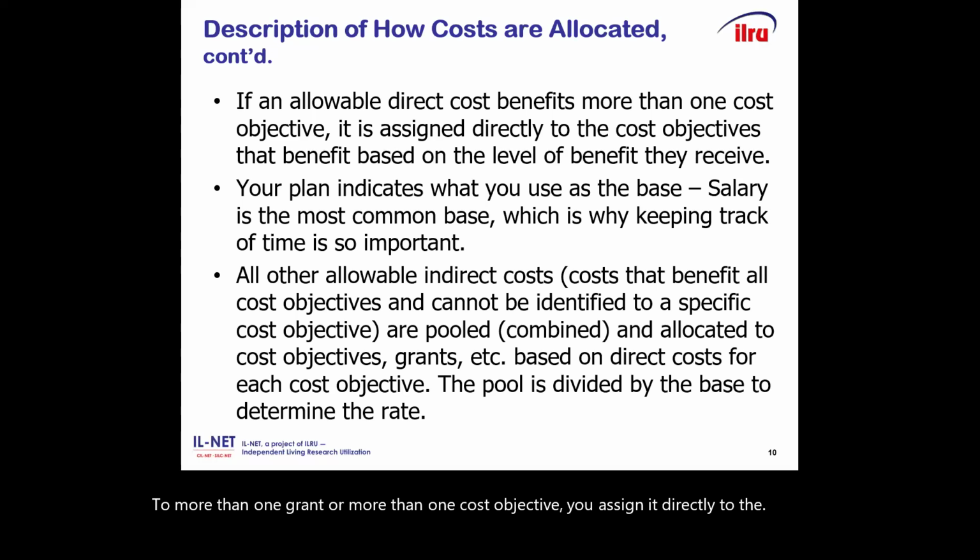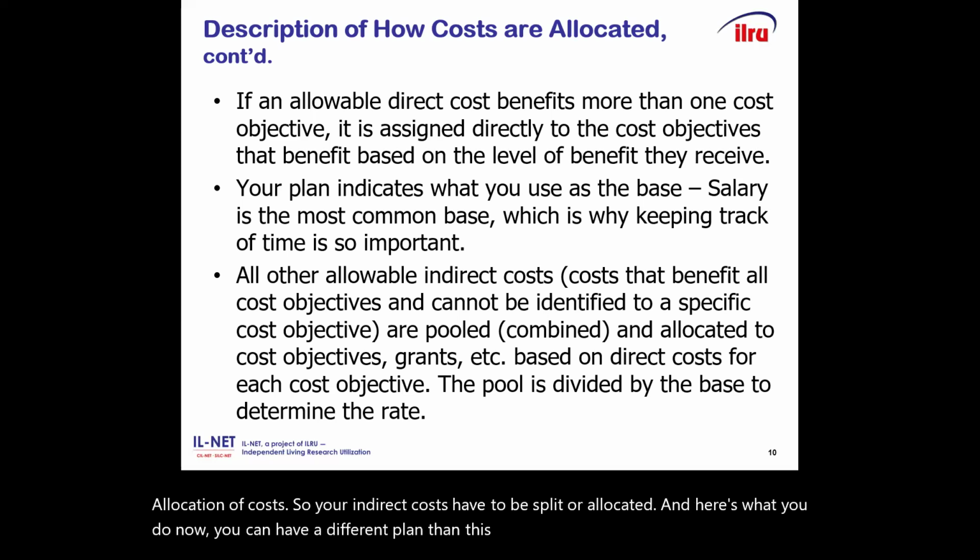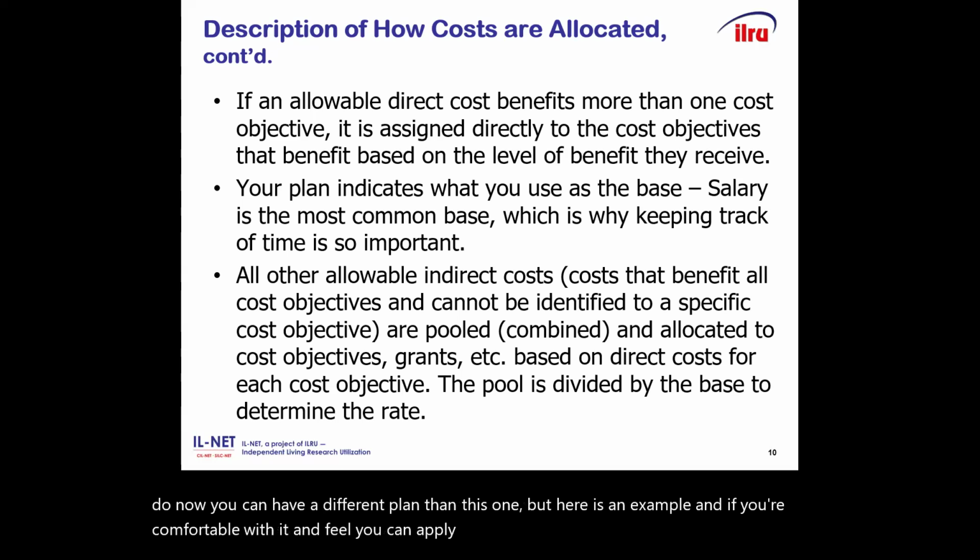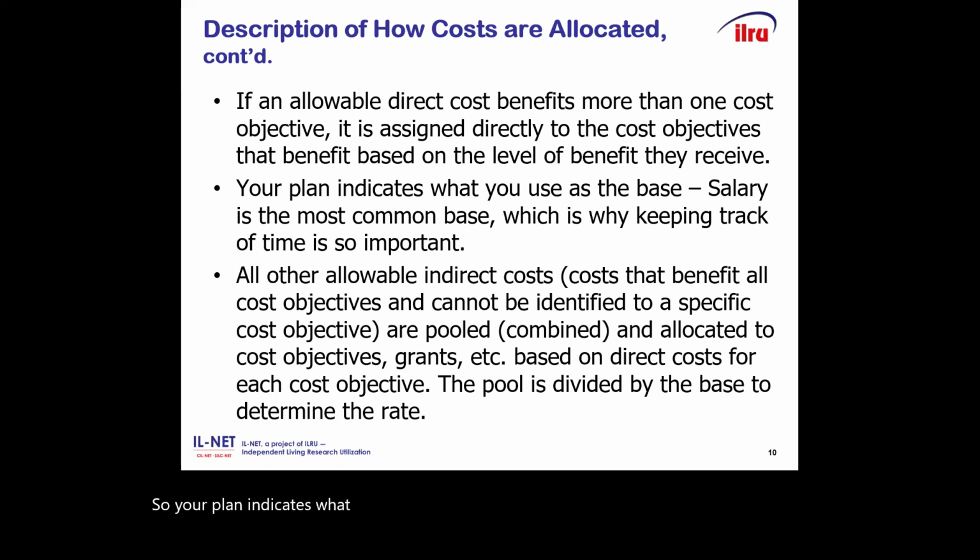Now, what we're talking about, see, is allocation of costs. So your indirect costs have to be split or allocated. And here's what you do. Now, you can have a different plan than this one, but here is an example. And if you're comfortable with it and feel you can apply it, use this example. So your plan indicates what you use as your base.